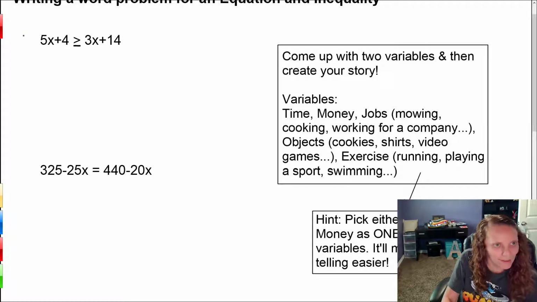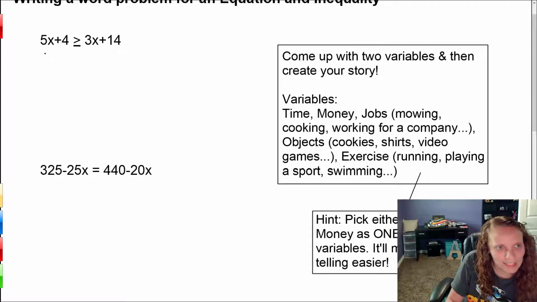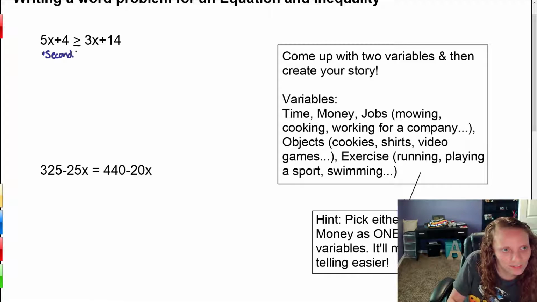Alright, I'm going to choose my two variables to be time and more specifically seconds. And then I'm going to choose hot dogs for my other variable.